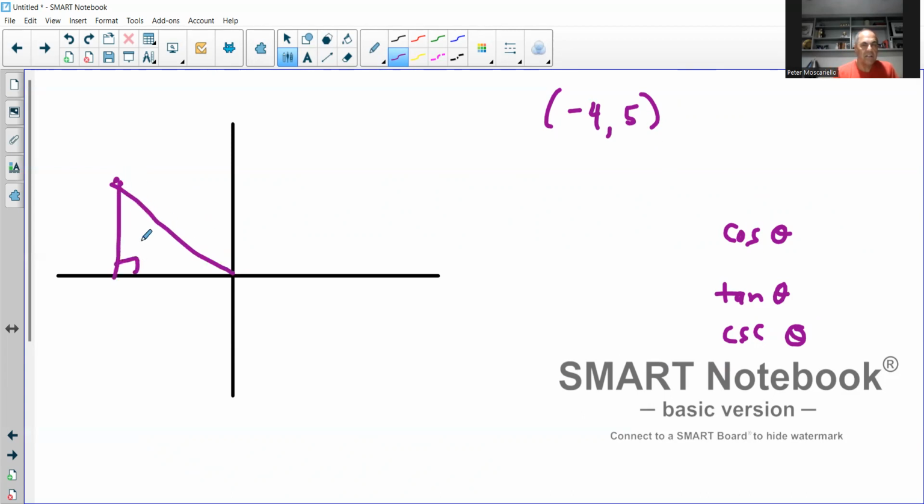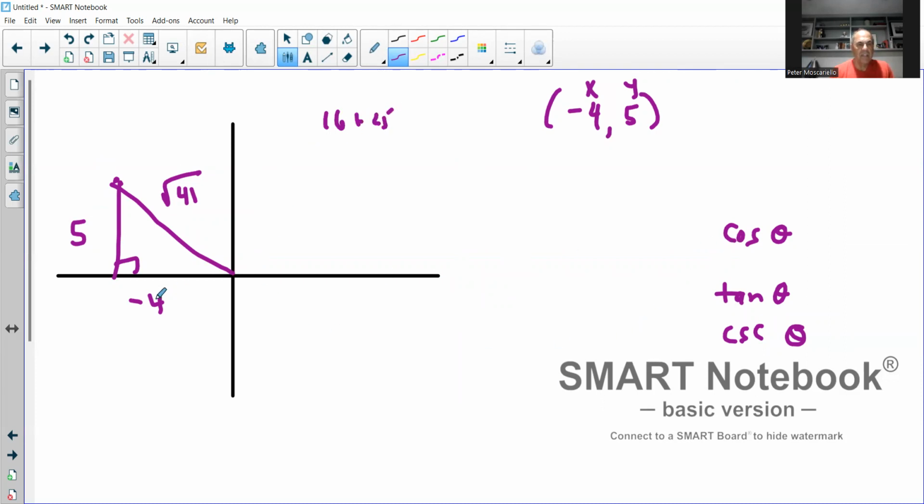Drop your perpendicular. So x is -4, y is 5. Use the actual signs, there's x, there's y. Use those actual numbers, because in this quadrant, x is negative and y is positive. Pythagorean theorem, square root of what, 41? 16 plus 25. Yeah, okay.